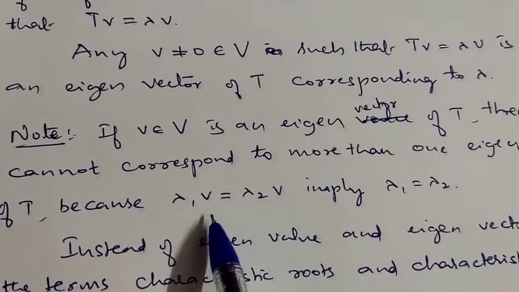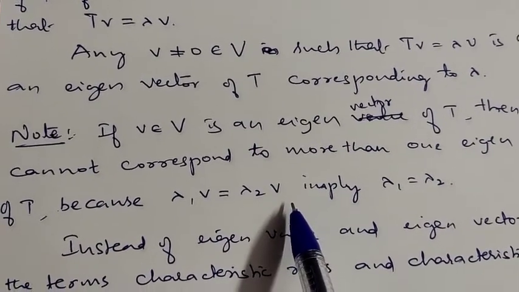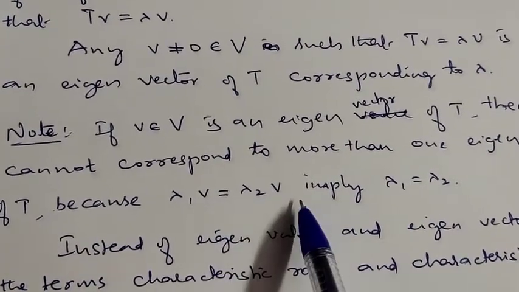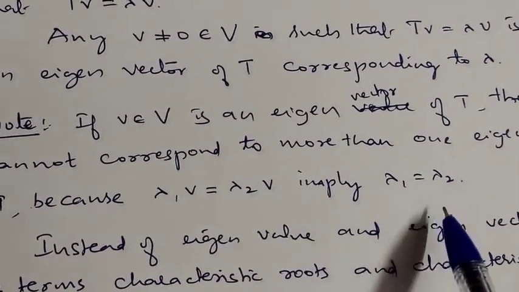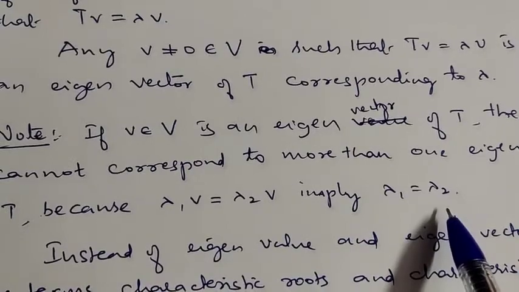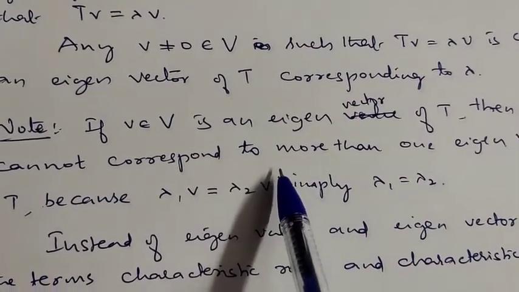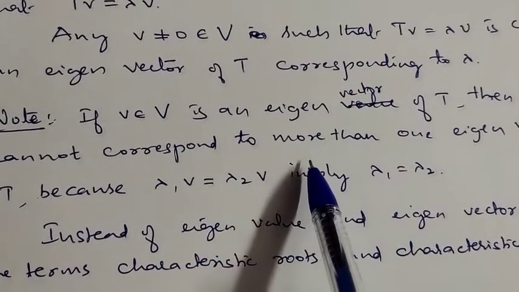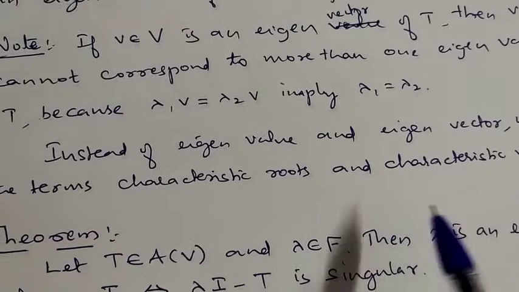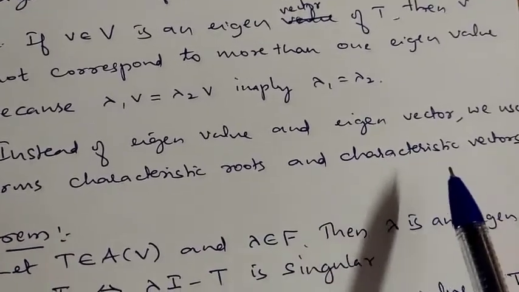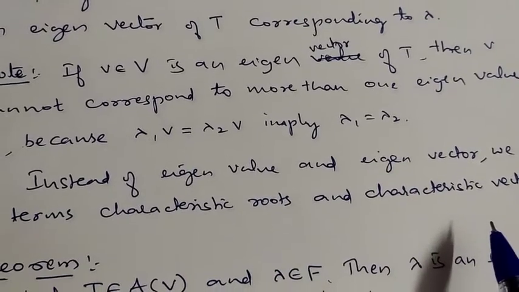Lambda 1 times v is equal to lambda 2 times v. So this implies, v cannot be 0 because it is an eigenvector, therefore lambda 1 must be equal to lambda 2. Thus any eigenvector corresponds to only one eigenvalue. You can also use the terminologies characteristic roots and characteristic vectors instead of eigenvalues and eigenvectors.